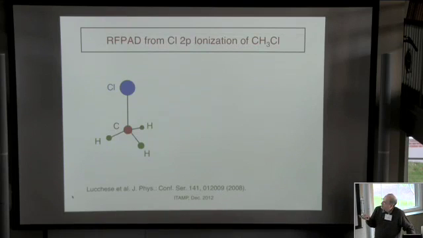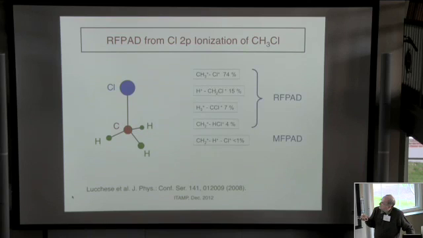Okay. So we did some studies on methyl chloride. There are lots of different channels for fragmentation. This is for ionization from the chlorine 2p up here, and it can fragment various different ways. If you only get 2 fragment channels, all you get is the recoil direction.